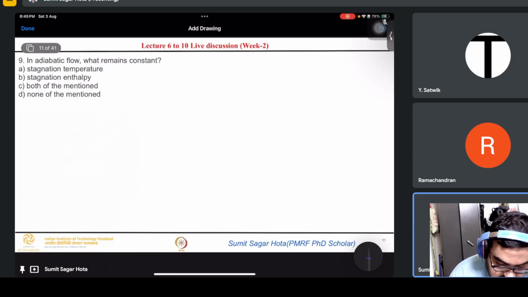So both stagnation enthalpy and stagnation temperature. If entropy were there, entropy change would also be 0, but that depends on the pressure or volume, because here pressure and volume are not mentioned, so we are directly taking enthalpy.